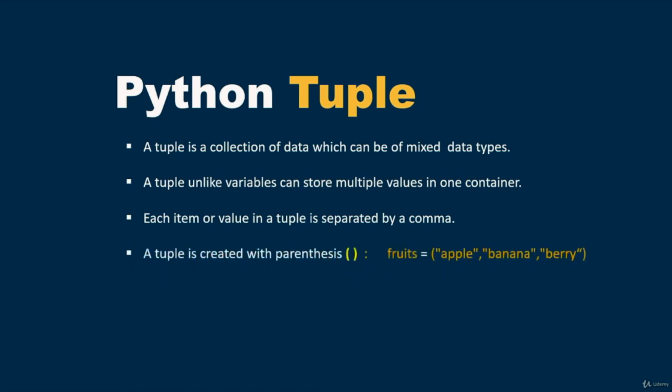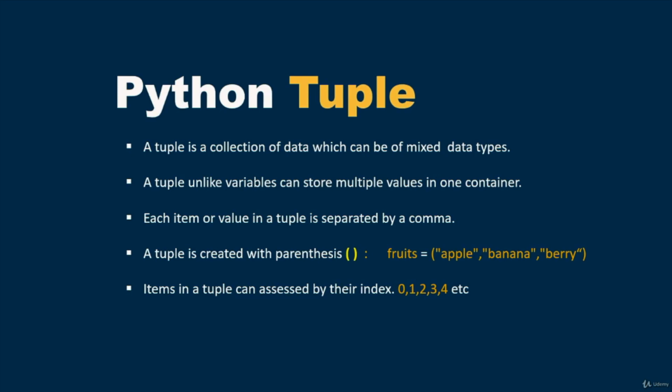For example, you can create a tuple called fruits and then use the equals sign to assign values to the tuple, which are placed inside parentheses. To access the individual items in a tuple, you do that by their index. So the very first item will have an index of 0, the second item will have an index of 1, and so on.